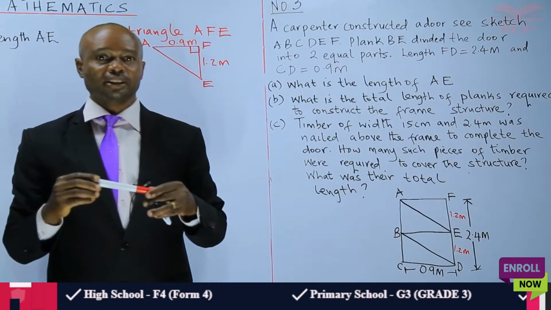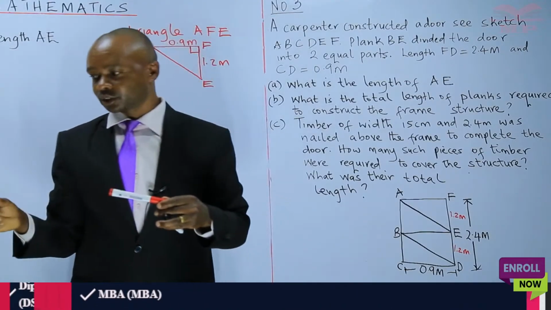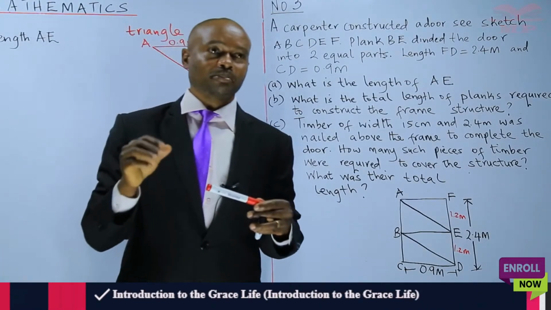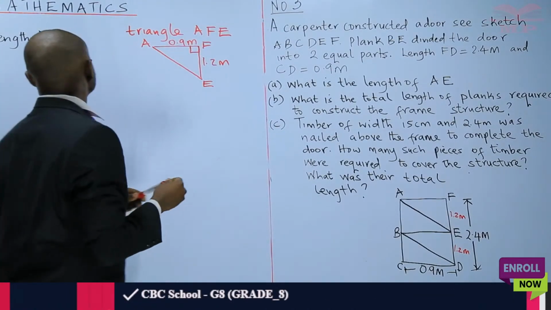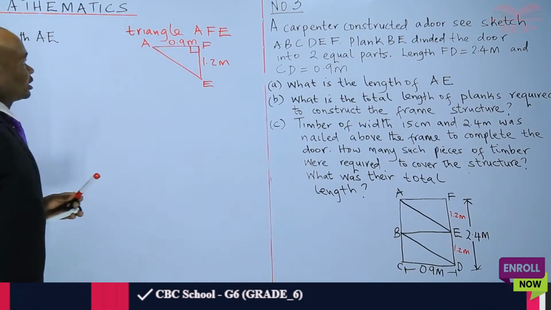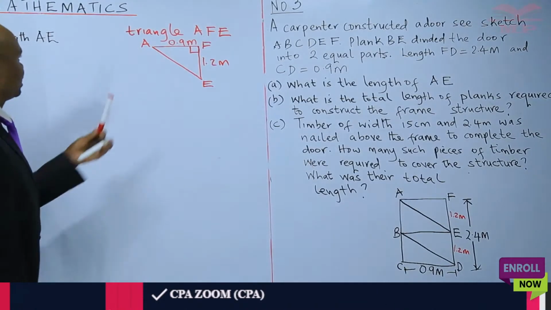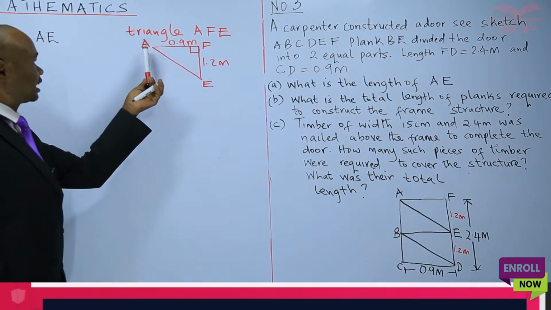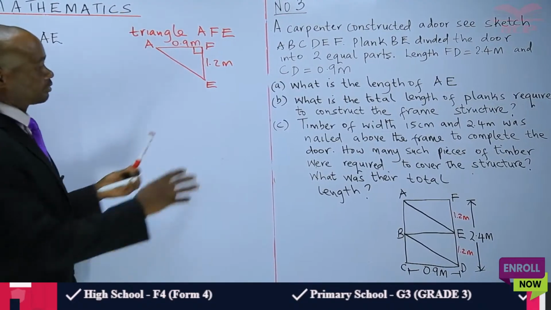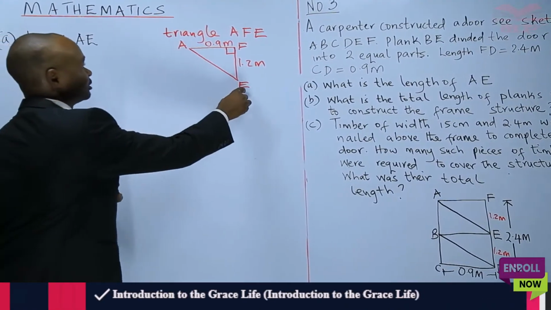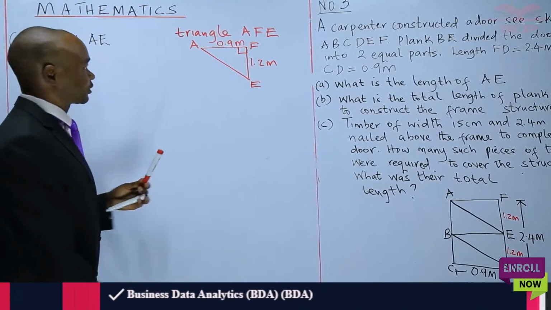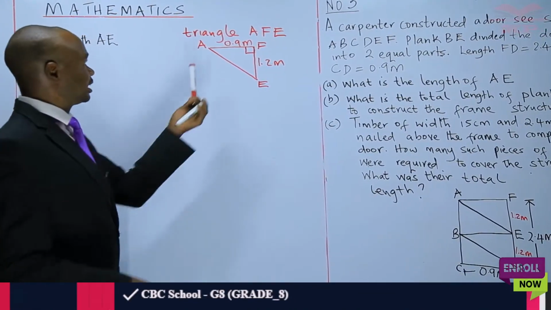And in the previous questions we did, we talked about the Pythagoras theorem. So the length I have to get is AE. From that extract of a right-angled triangle, AE is like the hypotenuse.